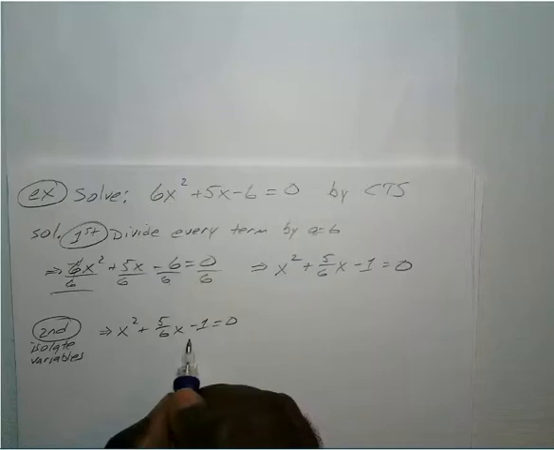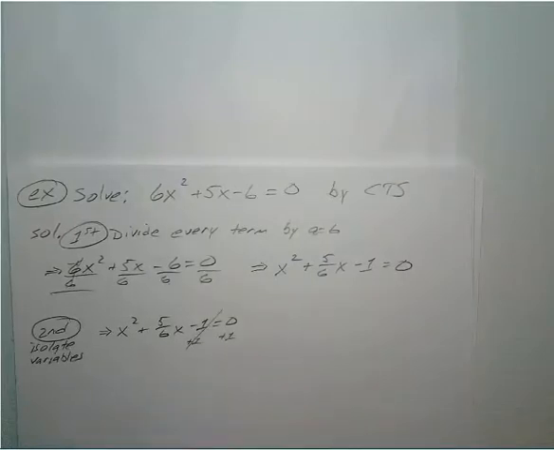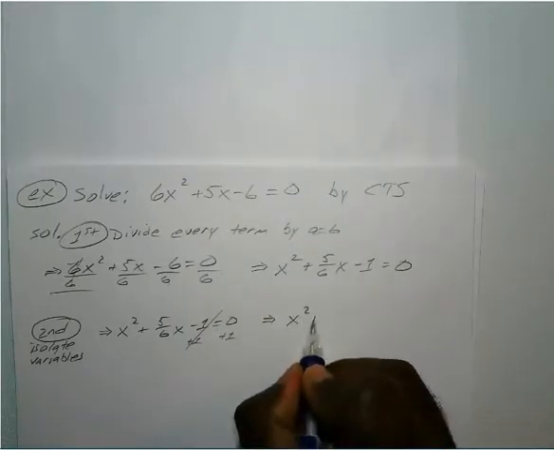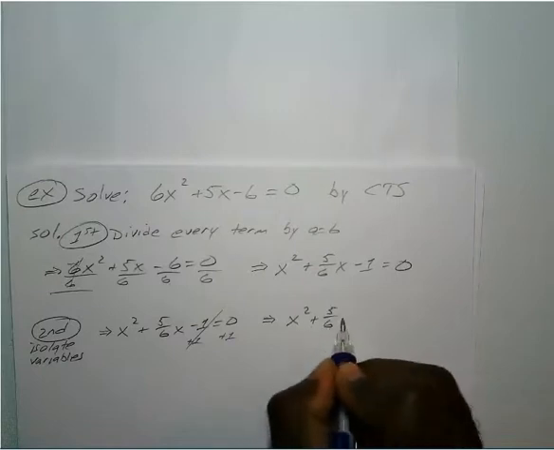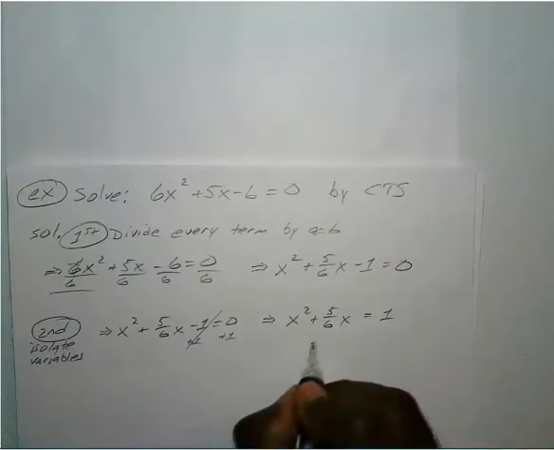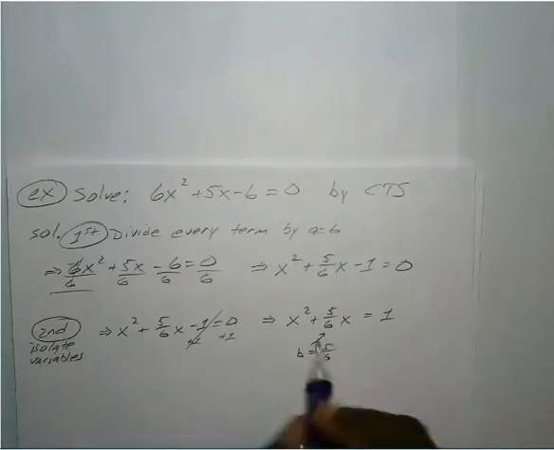Just like before, we're just going to add 1 to both sides where that cancels out. So that gives us x squared plus 5 over 6x equals 1, where we know that our b is equal to 5 over 6.